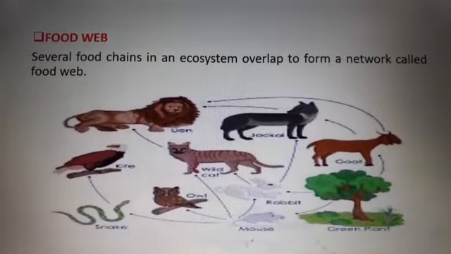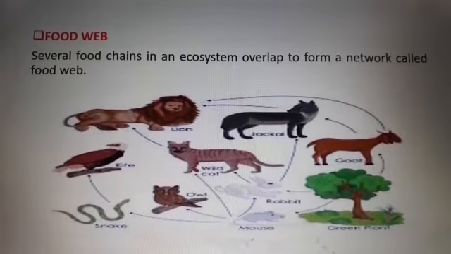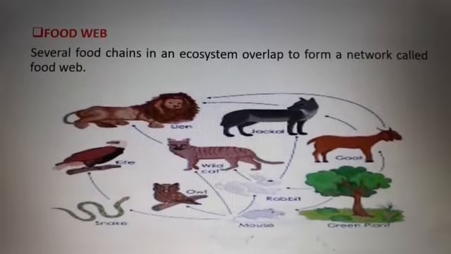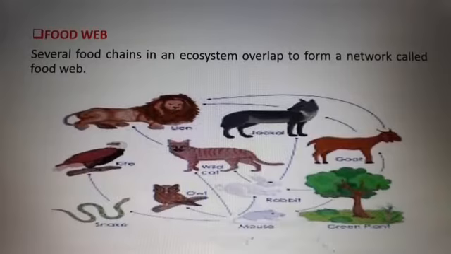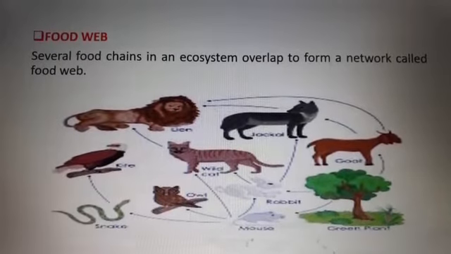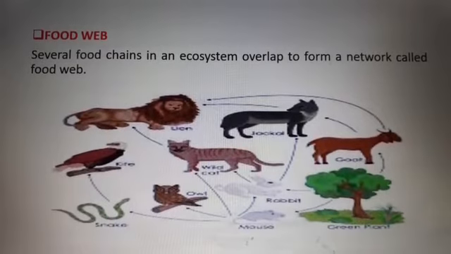Similarly, grass is eaten by goat, goat is eaten by the jackal, jackal is further eaten by the lion. Mouse is eaten by the snake, and snake is further eaten by the kite. In this way, different food chains overlap with each other to form a food web.